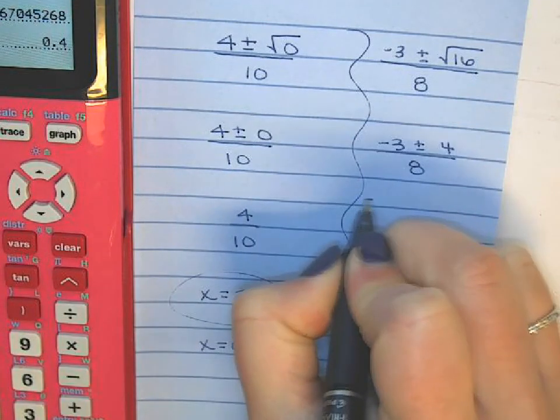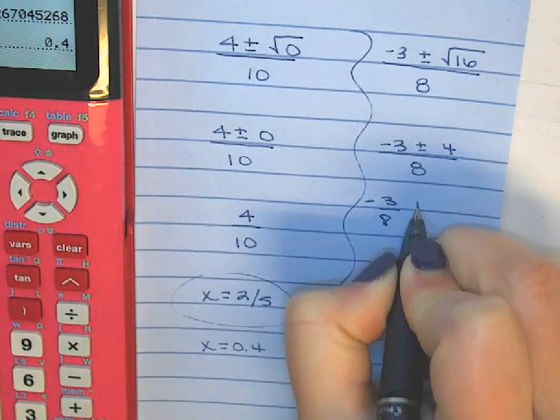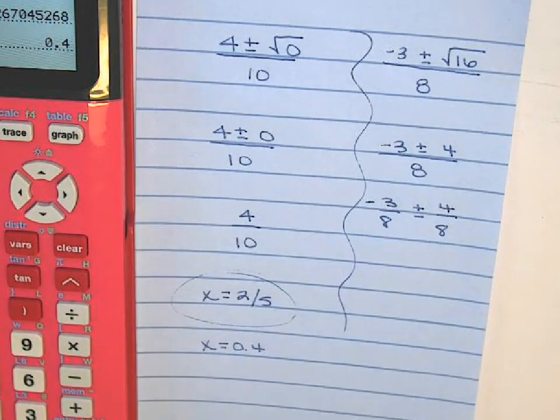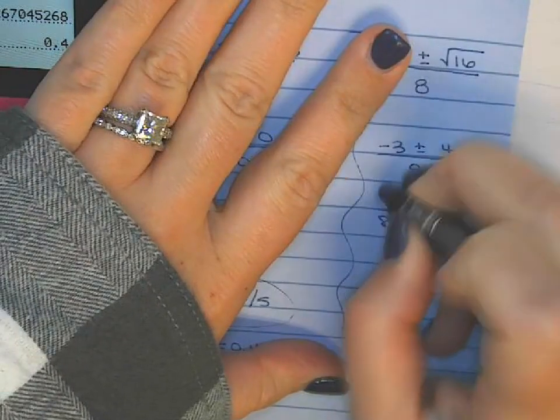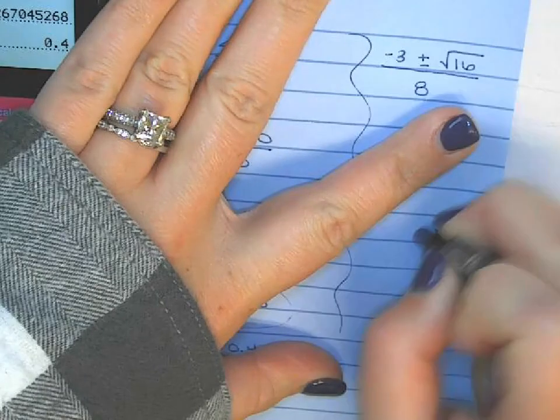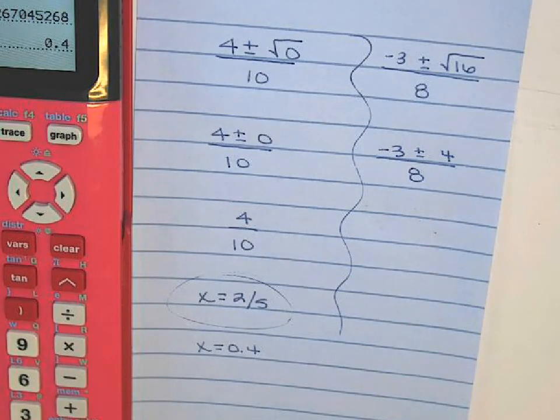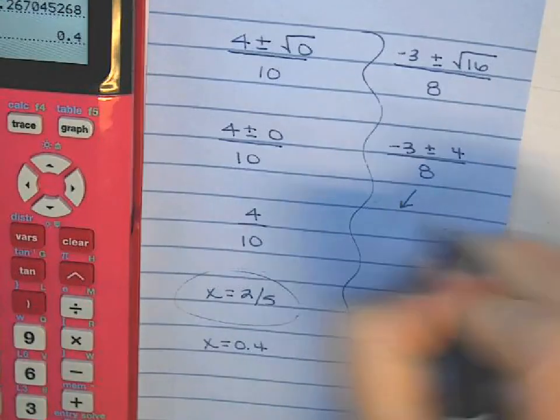Okay? You could write it -3/8 plus or minus 4 over 8. However, you have to do the plus and minus anyways in order to get your exact solutions. Your exact solutions here are not going to have a plus and minus sign in them because they're like terms, you can combine them.